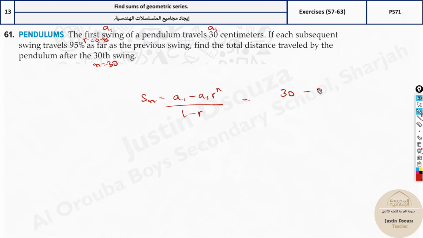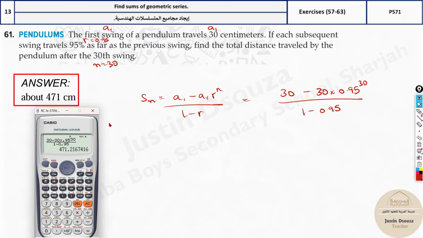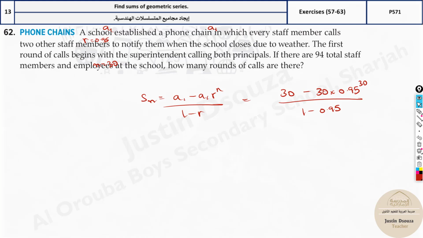It is 30 minus 30 times 0.95 to the power 30 divided by 1 minus 0.95. Just put it in the calculator, you'll get the answer. I've typed everything in the calculator as it is, and the answer is 471.22. So you can see they have rounded off to 471. It's in centimeters.